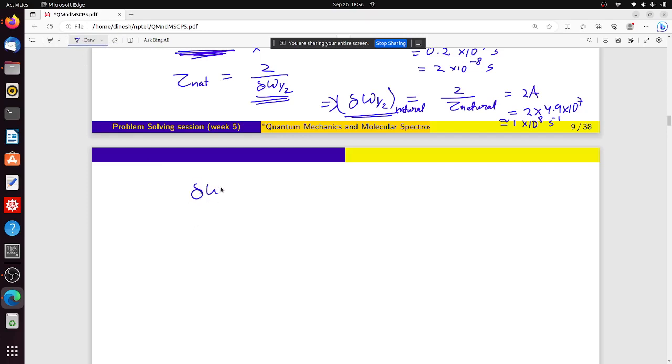This delta omega Doppler is given as omega naught times the square root of 2 kB T ln 2 over mass times c squared.